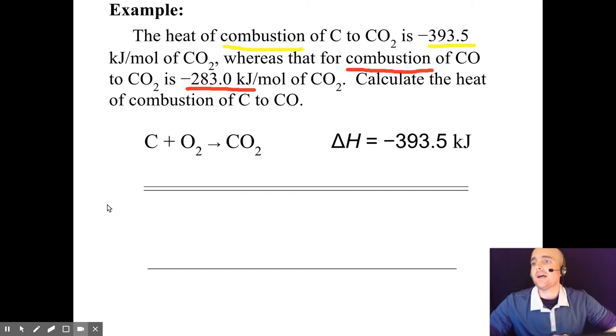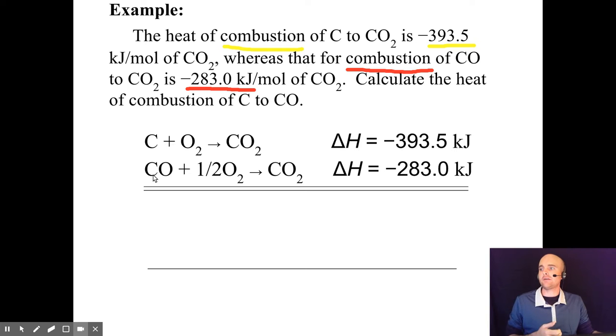So I take my original problem from carbon, and I know that it's being combusted. So I know I'm adding oxygen to make CO2, and it releases this much heat. I know that carbon monoxide plus 1/2 oxygen yields CO2, and that releases this much heat.